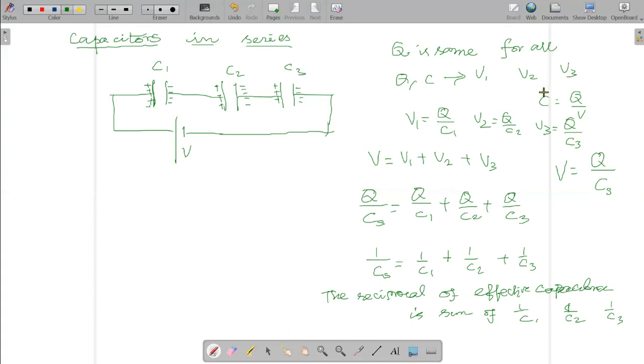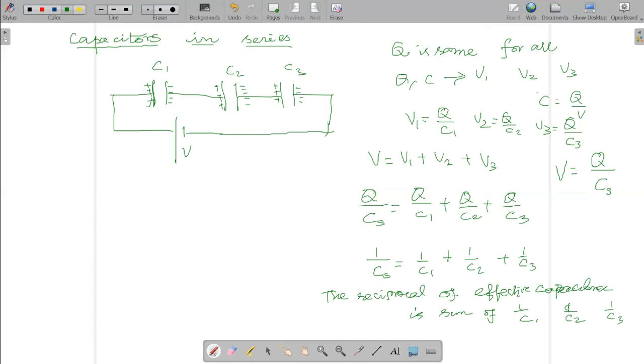Since the charge is the same, the potential splits because of C1, C2, C3. Now V, the total voltage that we have applied, equals V1, the voltage across C1, plus the voltage across C2, V2, and V3.